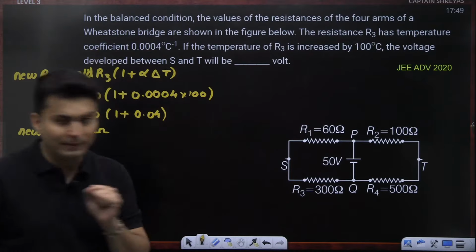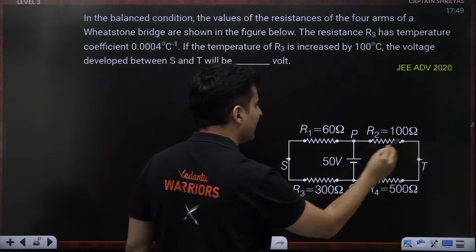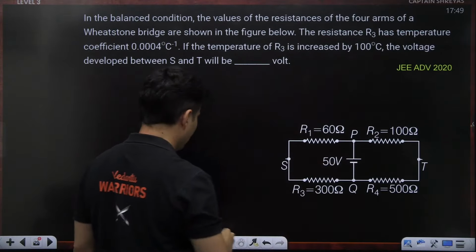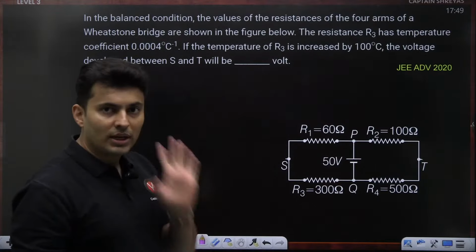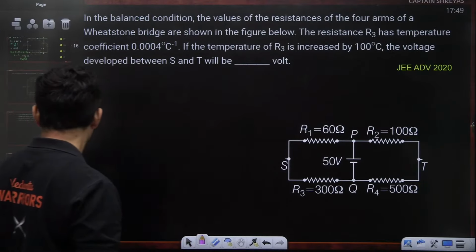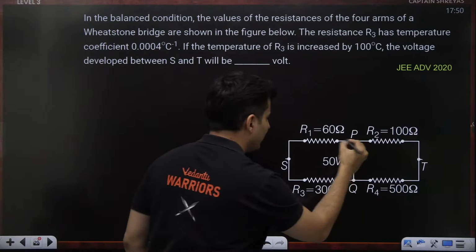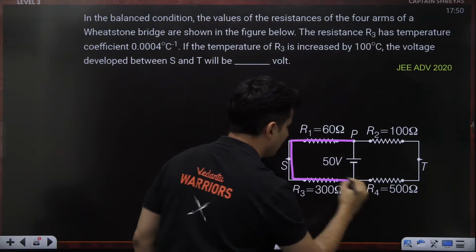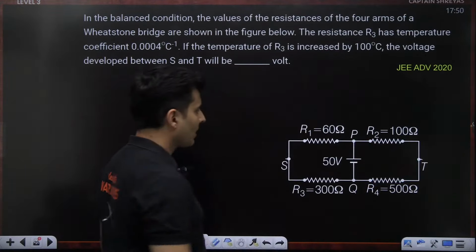Okay. In order to find the voltage between S and T, I think I need to know the currents in these branches. I need to know the currents in all these branches. So in order to find that current, here is what I will do. Observe carefully, guys. Just consider this part of the circuit separately, and then consider that part of the circuit separately.